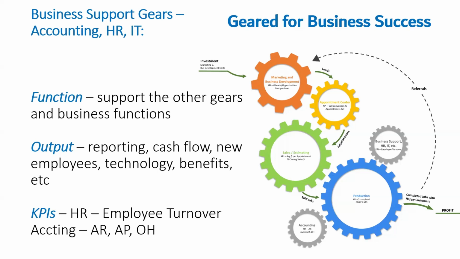I think that in smaller business, with smaller numbers, we tend to know, but definitely as you grow, employee turnover is something that you're going to want to measure. And in the accounting department, certainly important things to measure and see all the time are your AR, your accounts receivable, your accounts payable, and your overhead. These are the kinds of things that we want to track and look at all the time from that gear.